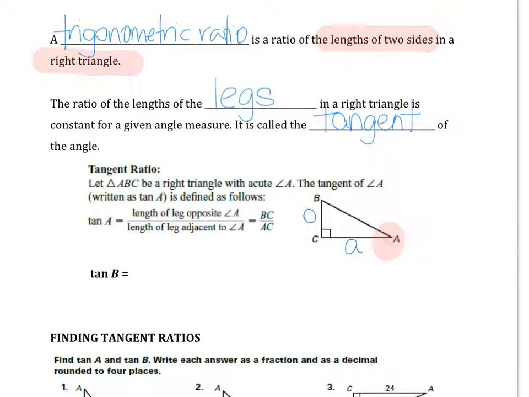The great thing with finding tangent of B is that when it's the opposite over the adjacent, which would be AC over BC, it is the inverse of the tangent of A.